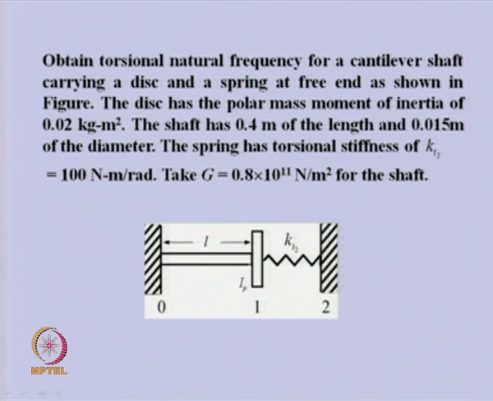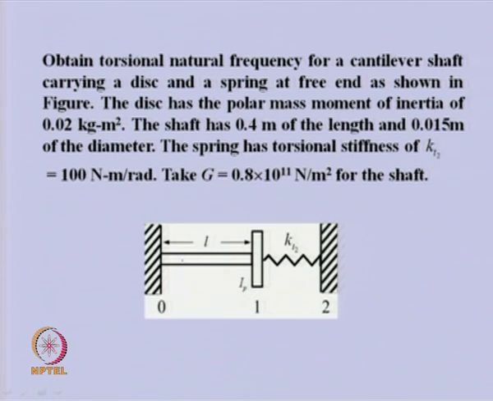Various dimensions and the diameter of the shaft are given here. Even the modulus of rigidity of the shaft is given to us. We are neglecting the mass of the shaft.